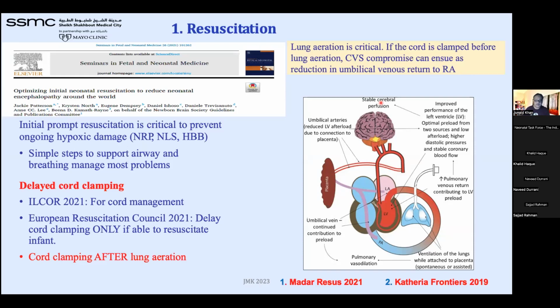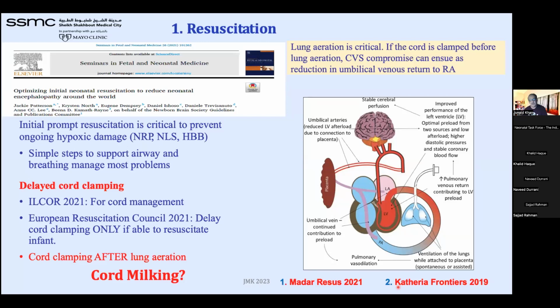Now, as you can see here, Katheria did a lot of work on cord clamping and cord milking. What we want to achieve by delaying cord clamping, can we do it in a hurry with cord milking? Because we are talking about more than 35 weeks, not less than 35 weeks.